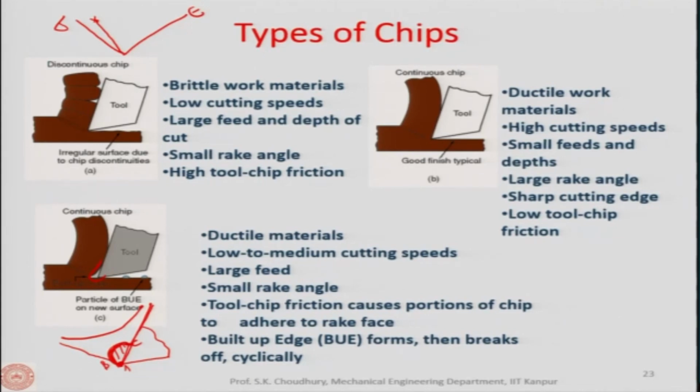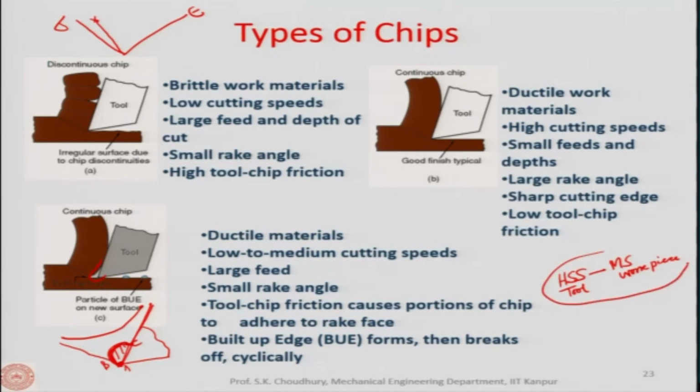I would like to repeat that the built up edge will not form all the time. I said that it occurs for a particular condition of temperature and pressure. Let us say, for example, a combination of high speed steel as the tool material and mild steel as the workpiece.